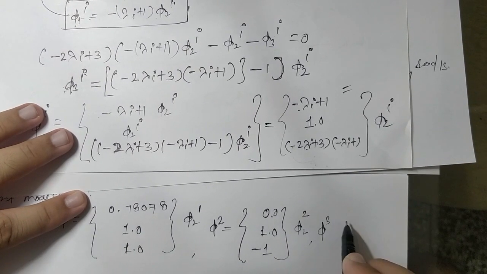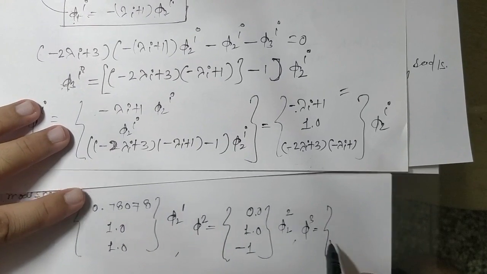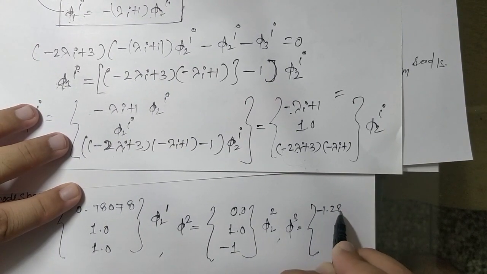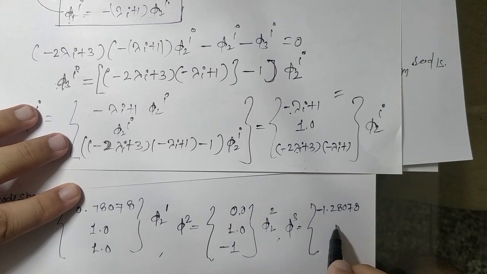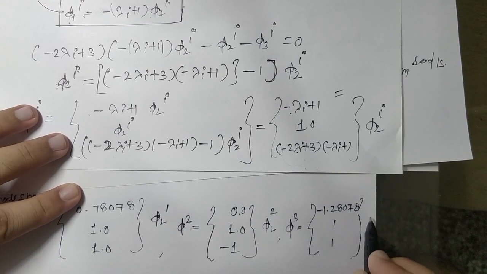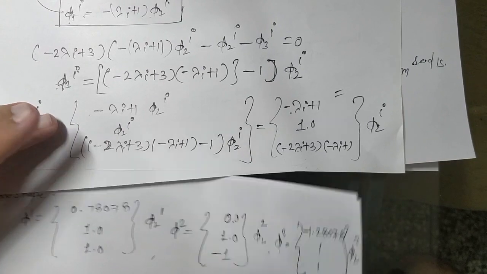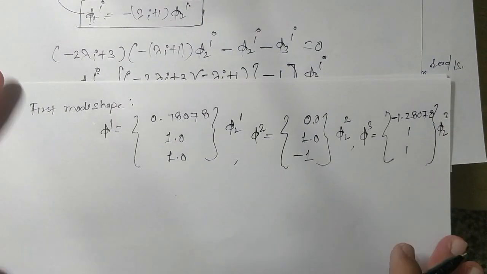And similarly phi 3, the third mode shape, I'll write here: this becomes minus 1.28078, this is 1, and this is 1, and this is phi 2 3. So these are the 3 mode shapes.